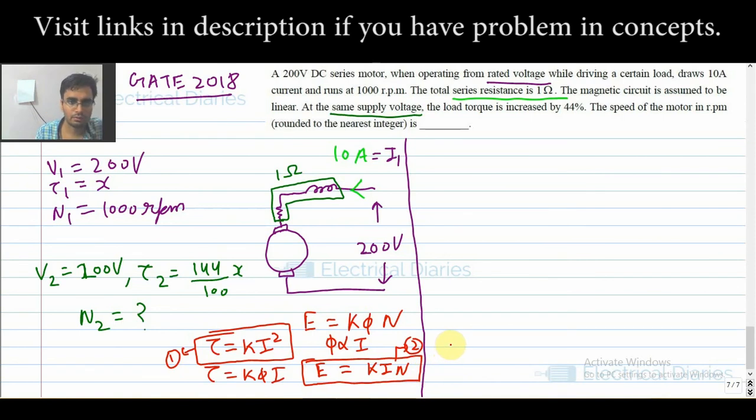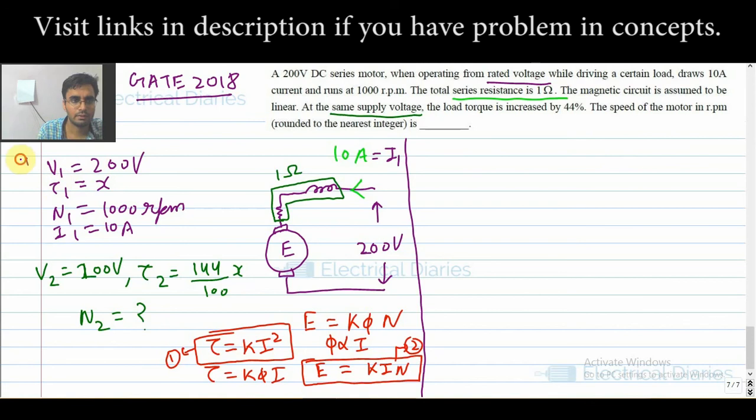To find N, I have to find E in both the cases. For the first case, I1 is given to me as 10 amps. So can I find E here? Let us apply the KVL.